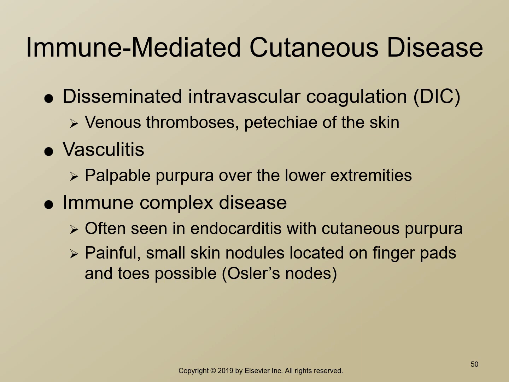In addition, painful small skin nodules located on the pads of the fingers and toes, known as Osler nodes, may be seen with this type of infection. Staphylococci and Streptococci are typically associated with these skin manifestations, although gram-negative bacteria and Candida may produce similar lesions.